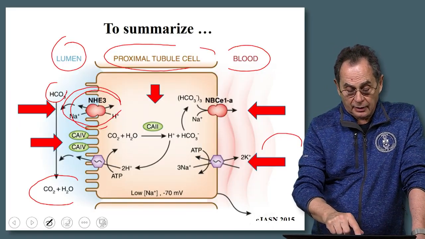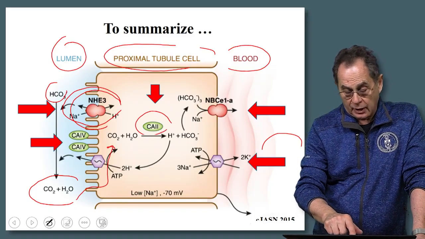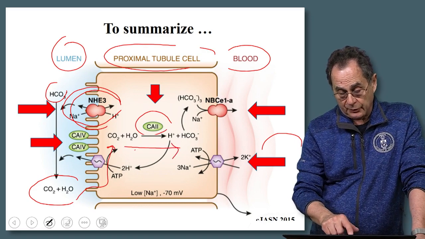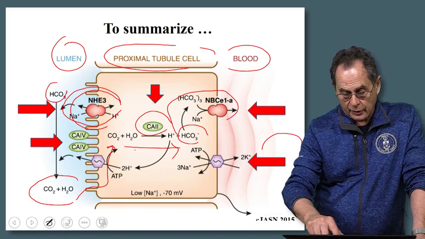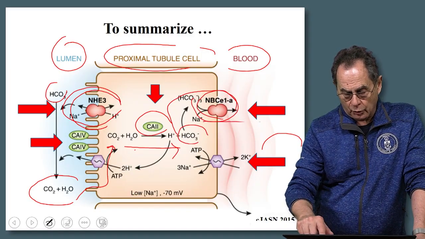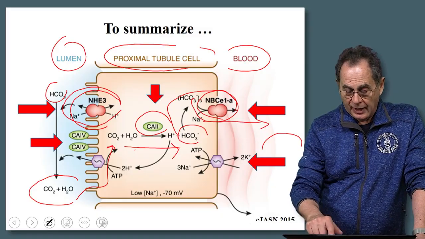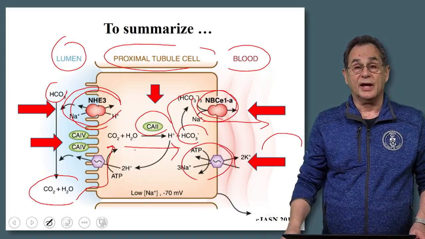The CO2 enters the cell. Carbonic anhydrase isoform 2 moves the equilibrium in this direction. The bicarbonate is then secreted by a basolateral membrane sodium bicarbonate cotransporter into the blood compartment. And all along we have our basolateral sodium potassium ATPase.